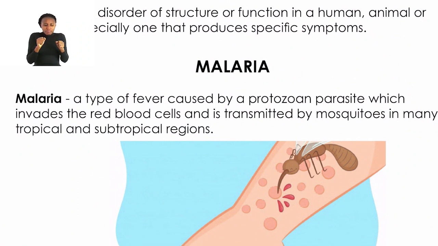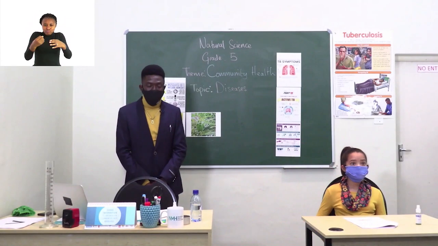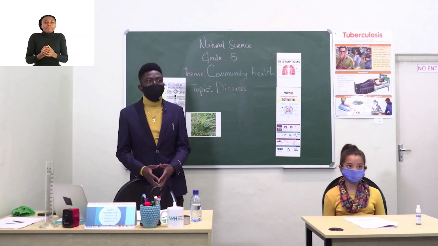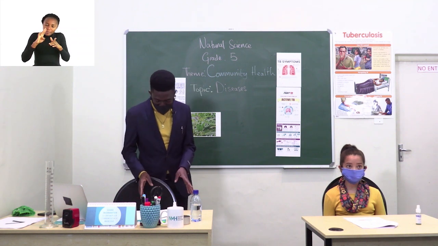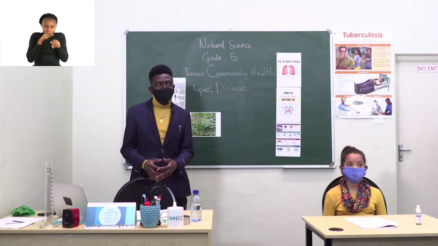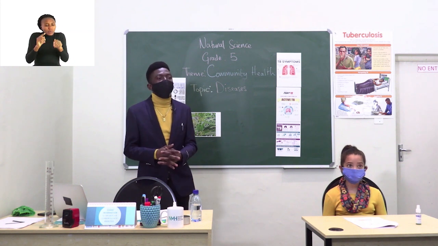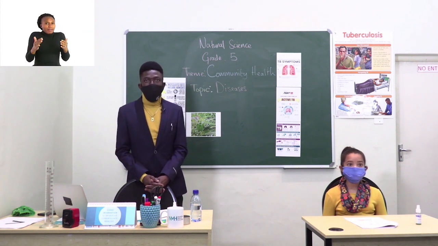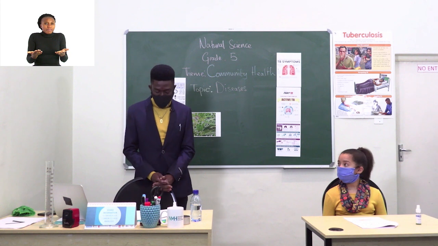What is malaria? Malaria is a type of fever caused by a protozoan parasite which invades the red blood cells and is transmitted by mosquitoes in many tropical and subtropical regions. We'll not go into detail to explain what malaria is further. We'll rather move on to the prevention measures of this disease.